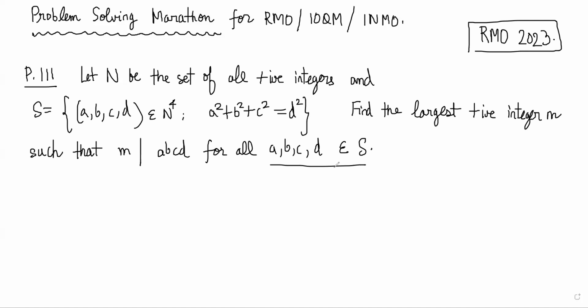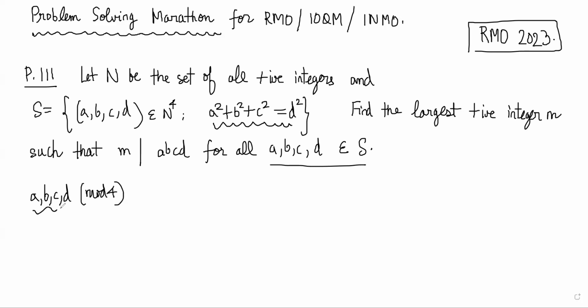So S is the set of positive integers which satisfy the condition a square plus b square plus c square is d square. And we have to find the largest integer m which divides abcd, the product of these 4 integers. Since we have squares here, it makes sense to think of a, b, c, d modulo 4.